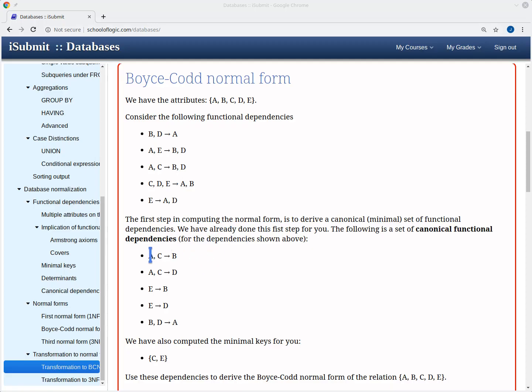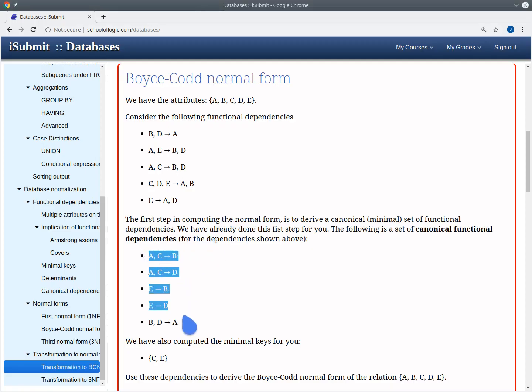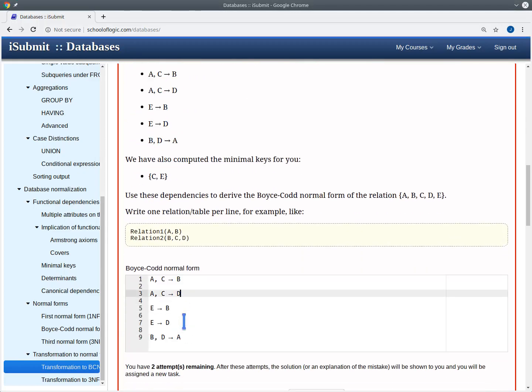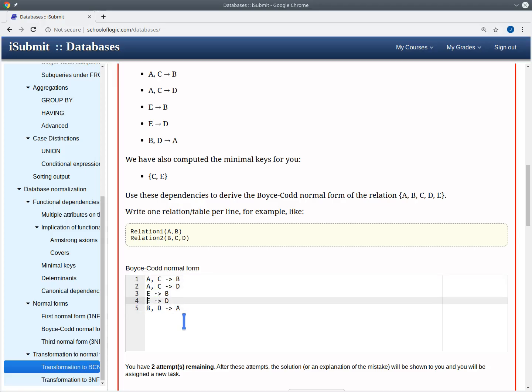We are already given a canonical set of functional dependencies. So let's take this set. Write this up. I will reorder a bit for better readability.